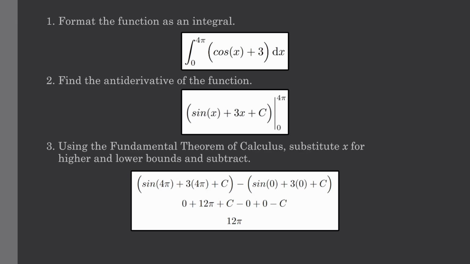I just saw a mistake: the third 0 should have a minus sign, but it's inconsequential as 0 is not positive or negative. And so the c's cancel out, hence why it's ultimately inconsequential in this application of definite integrals for antiderivatives. But the last remaining term is 12 pi, and so it is determined that the area of the space is 12 pi inches squared.